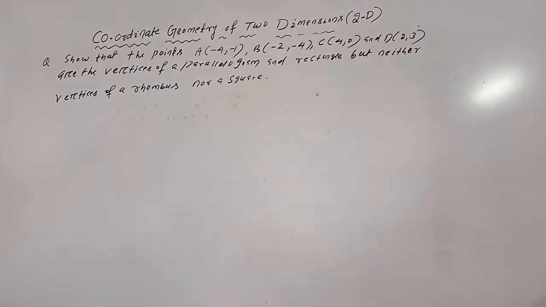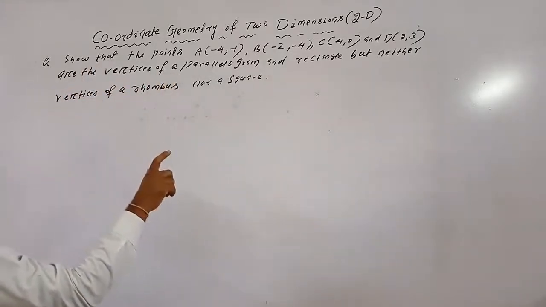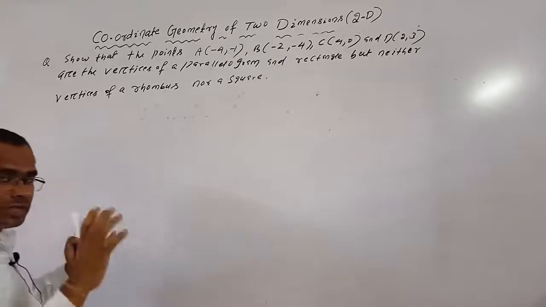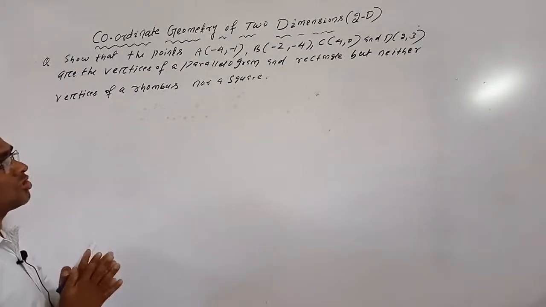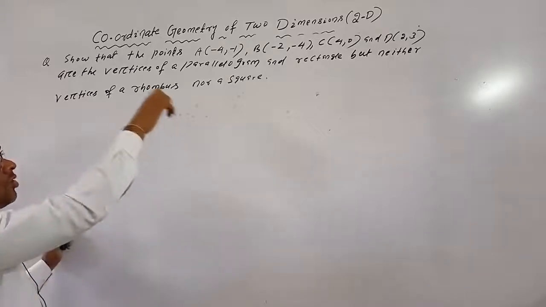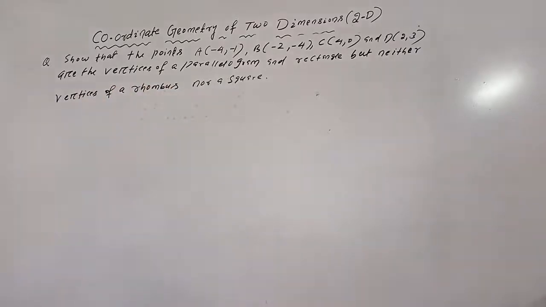Okay. So first you have to show these are the vertices of a parallelogram. Means the diagonals of a parallelogram bisect each other. That means midpoint of diagonal AC equal to midpoint of diagonal BD, and for rectangle proof, the length of the diagonals are equal. Okay, answer.